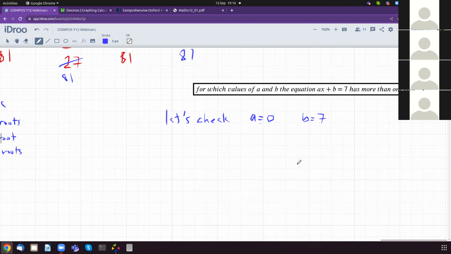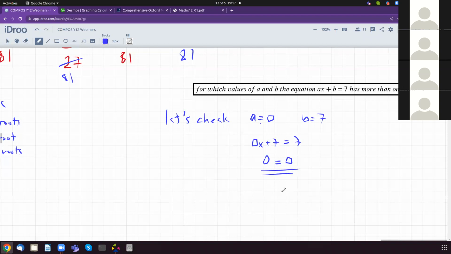This becomes 0x plus 7 equals 7. Or in other words, 0 equals 0. And this is an equation that has infinitely many solutions.